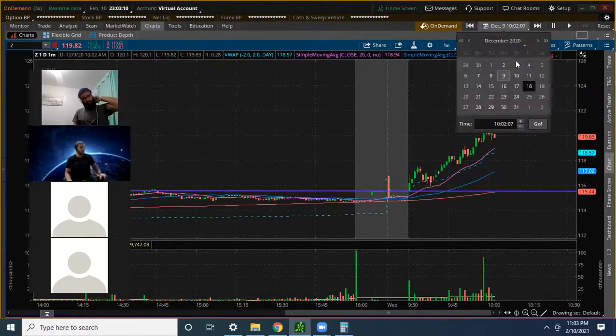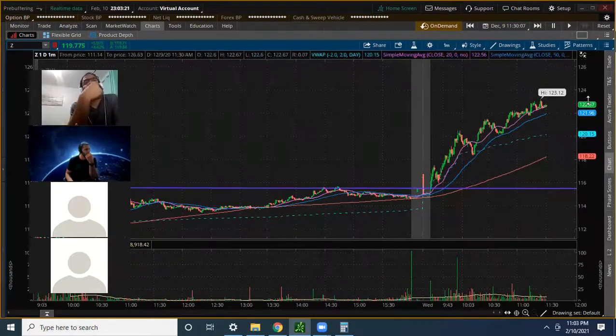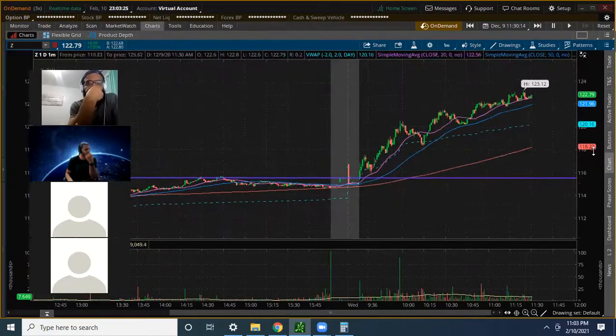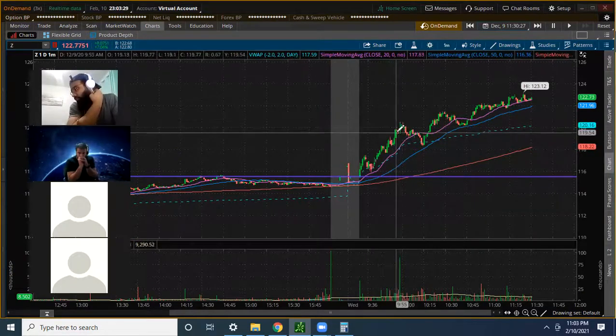So let's fast forward time and see what happens. Let's go to 11:30 a.m. Boom, 123. And again, this is the minute chart, so every candlestick is a minute.